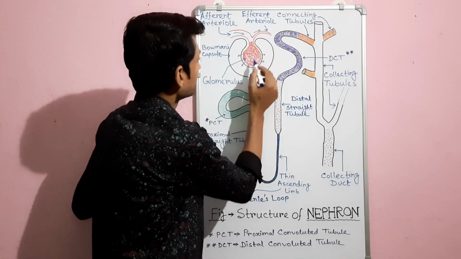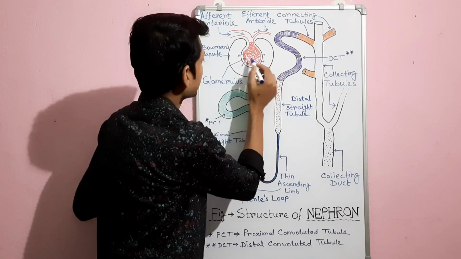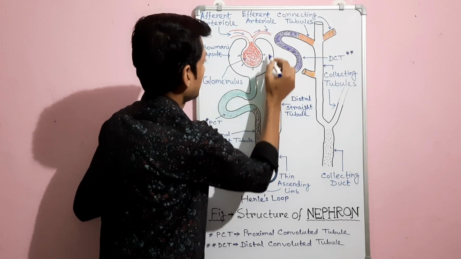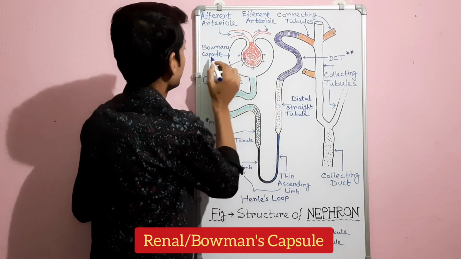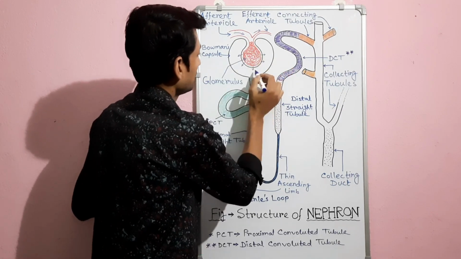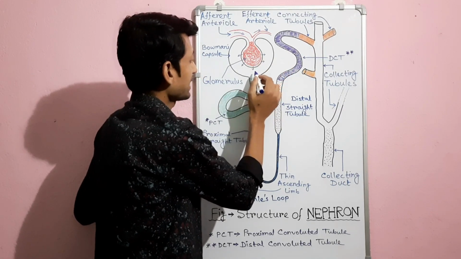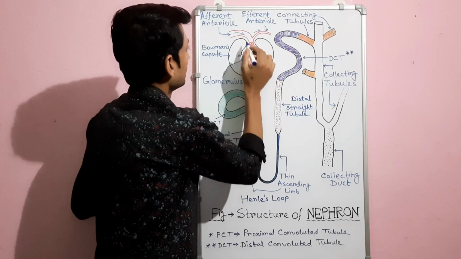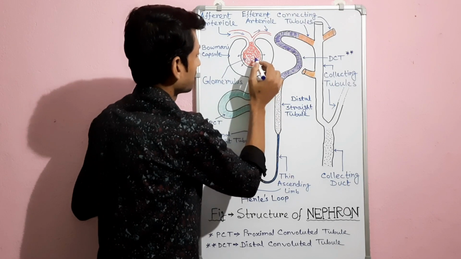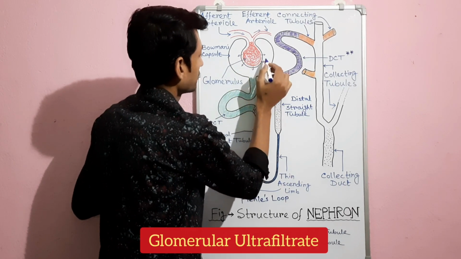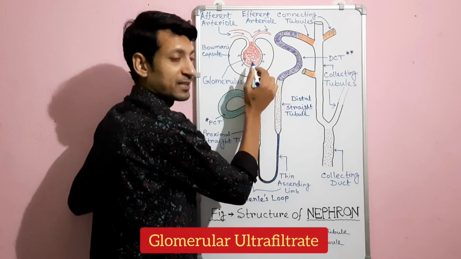Now you see this glomerulus is surrounded by a double-layered epithelial cup. This is known as Bowman's capsule. This Bowman's capsule represents the initial portion of the nephron. Here, blood flowing through the glomerular capillaries undergoes filtration to produce glomerular ultrafiltrate.